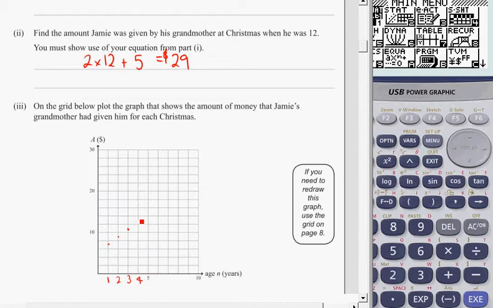Fourth year, 13. Now how far should we keep going? It doesn't say when to stop, so we've kept going there. So that's the age along the x-axis and the amount he received on the y-axis.